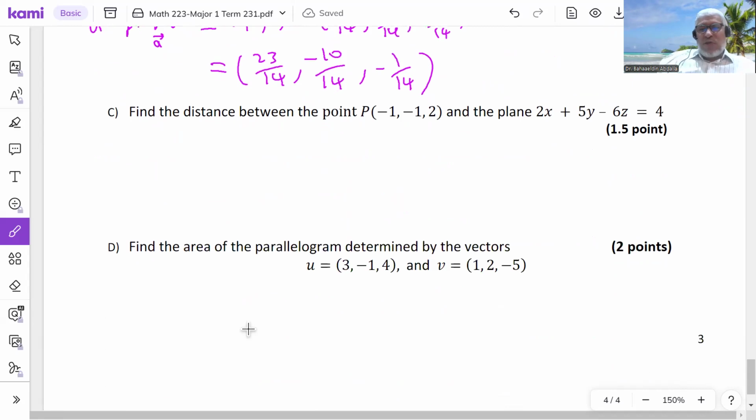Find the distance between the point and the plane. Well, there is a formula to evaluate this distance.